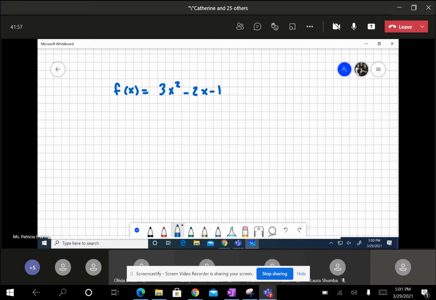I know my parabola is going to be, and again, I'm kind of jumping over that one because what do you need to do to find out? What do you need to figure out there? You need your vertex for 7 and 8. Negative b over 2a gives me a 1/3.